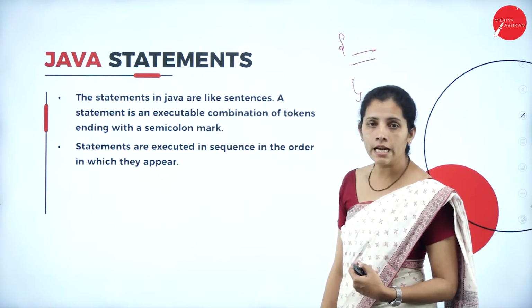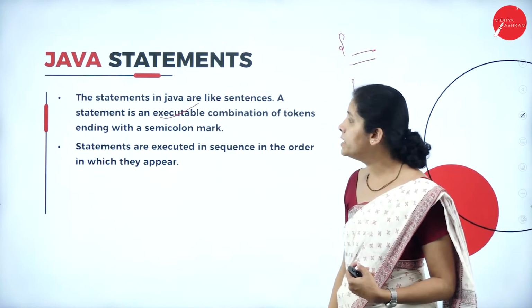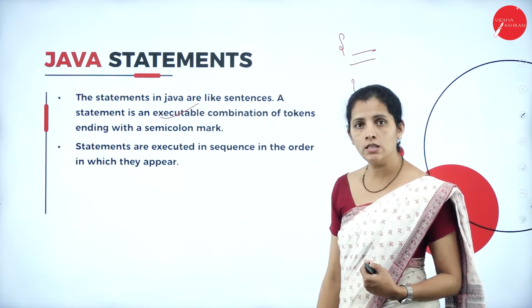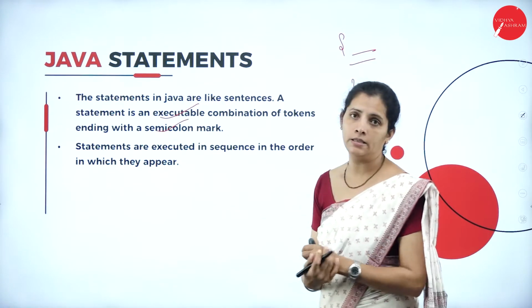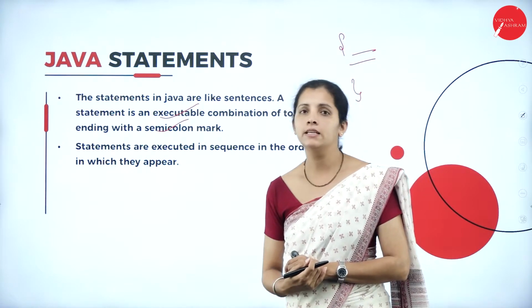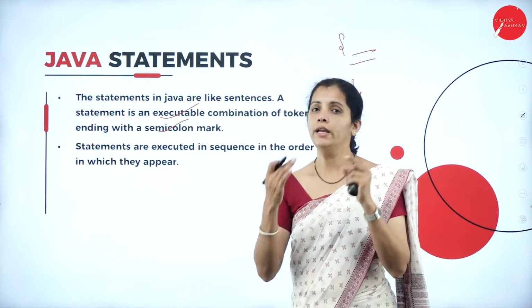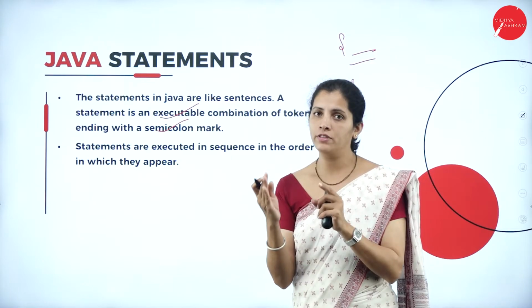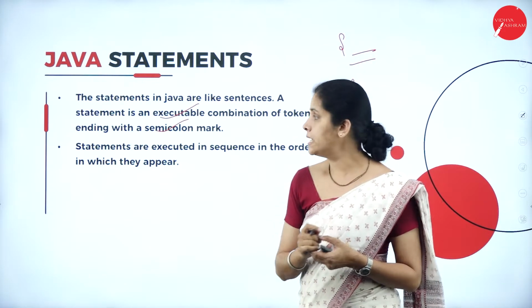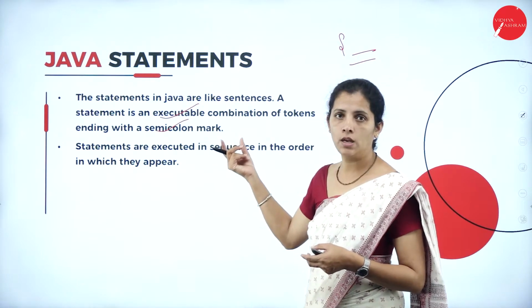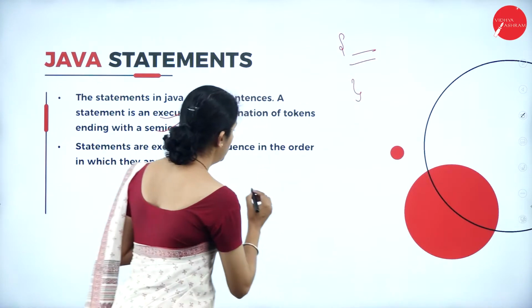And a statement is an executable combination of tokens ending with a semicolon. So what is a statement? It is nothing but a sentence. And to indicate the end of the statement, what do I want to do? I want to write the semicolon. Now let me write a statement here.